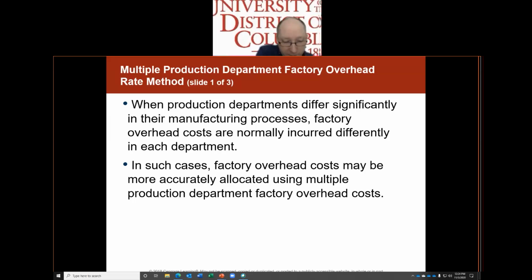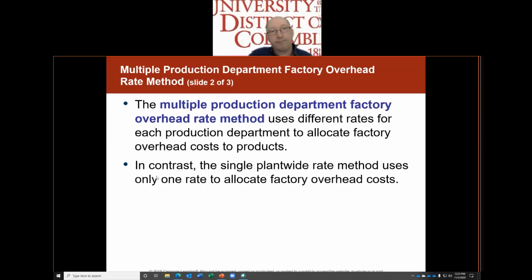It's going to take me a different amount of electric to produce a lawnmower than a snowmobile. They're totally different products. There's totally different departments involved here. So in this case, factory overhead costs will be a little bit more accurate because they're directly tied to the individual departments. Makes sense, right?